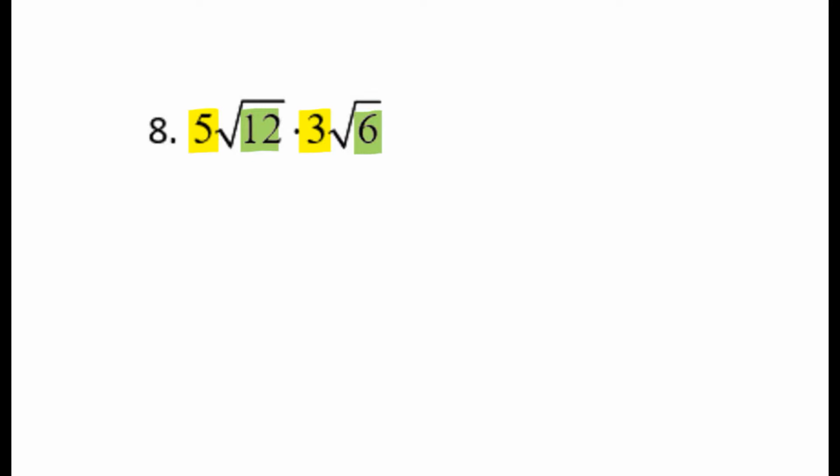Now again, 12 does have a perfect square, so what I'm about to show is not the only way to do this problem, but I'm going to multiply the 5 and the 3 to get 15, and then the numbers underneath the radical, 12 times 6 is 72. So again, you could have also simplified the perfect square that's in 12, which is a 4, first, or multiply the 12 and the 6 together like I'm doing.